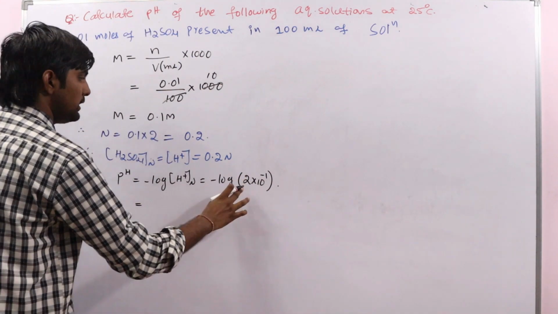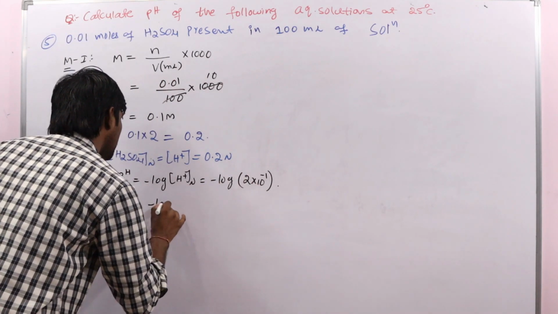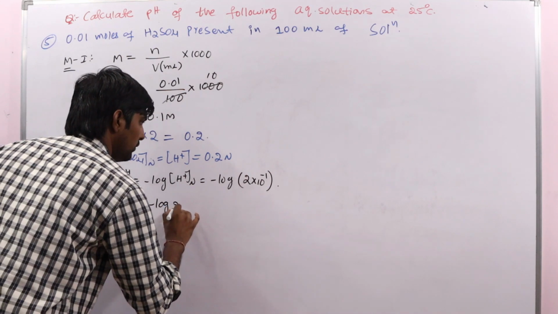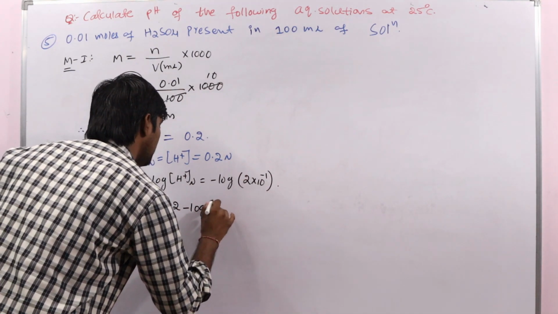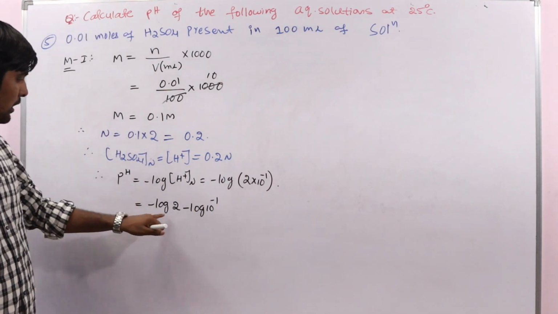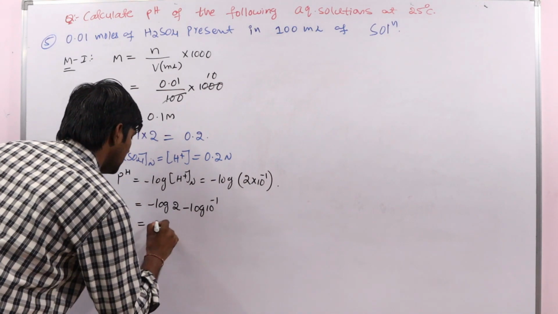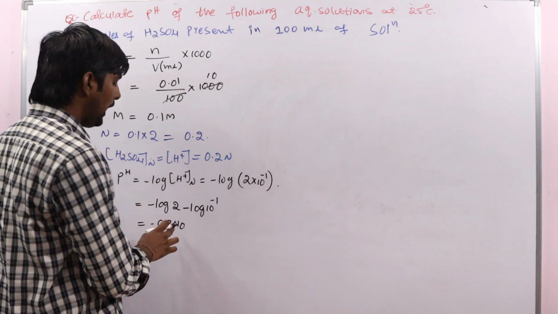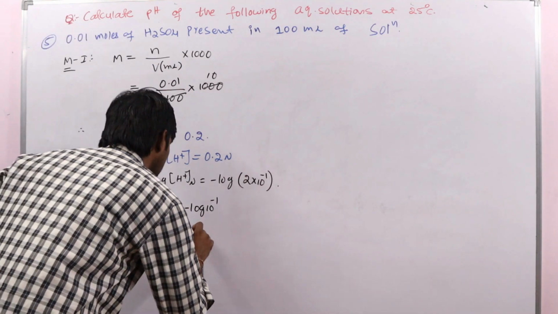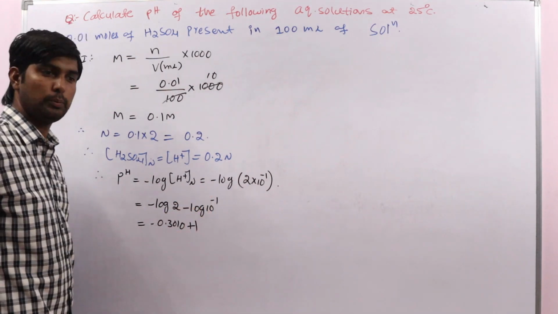This is in the form of log A into B, so we can write minus log 2 minus log 10 power minus 1. Log 2 equals 0.3010, and this minus 1 becomes plus 1.